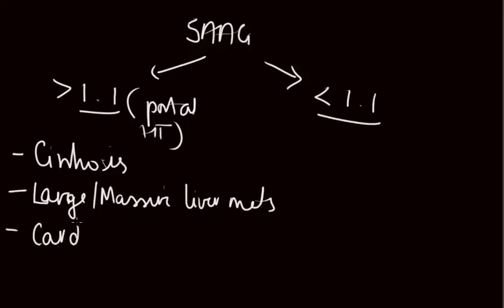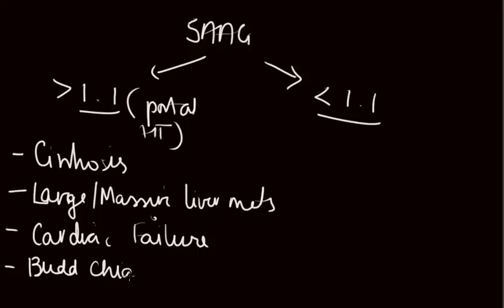You will also see a high SAAG ascites in cardiac failure, mainly due to back pressure, and another not so common cause of portal hypertension that you need to remember is Budd-Chiari syndrome. It's basically a hepatic vein thrombosis. Also in Budd-Chiari syndrome you'll get a high SAAG ascites.